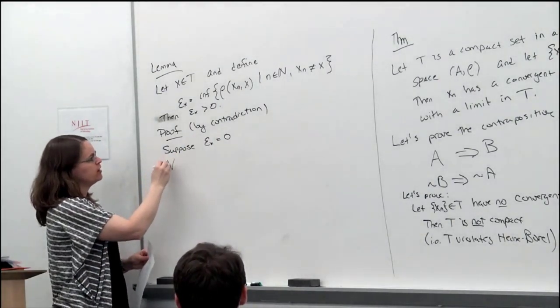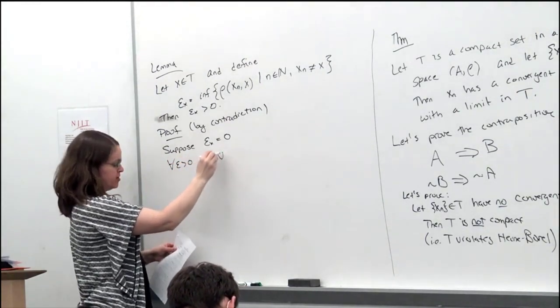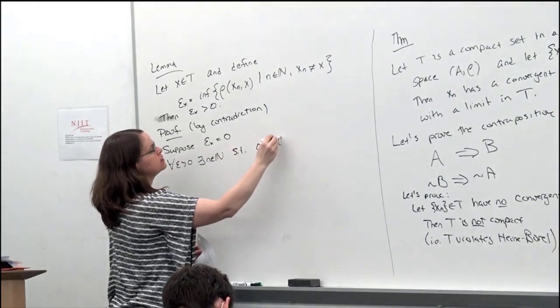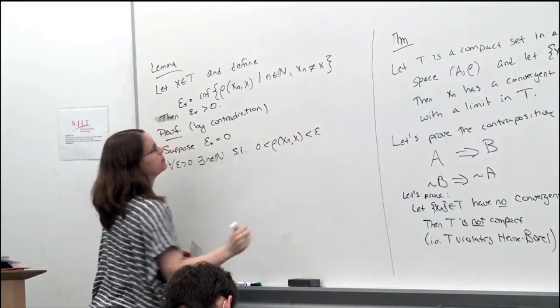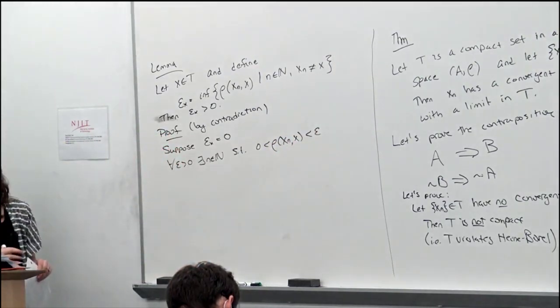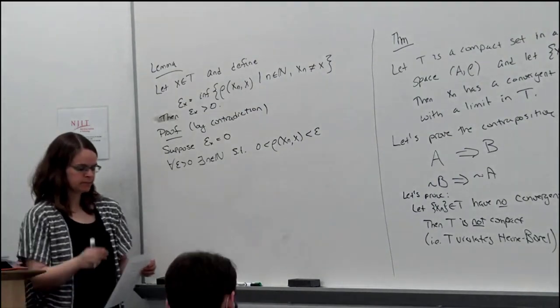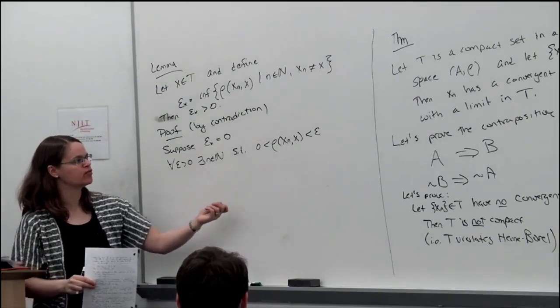So we know that for all epsilon greater than 0, there always exists some point in my sequence such that this can be made less than epsilon. Now I'm just going to start doing this for a sequence of epsilons.